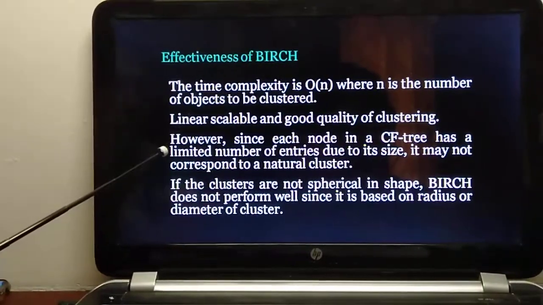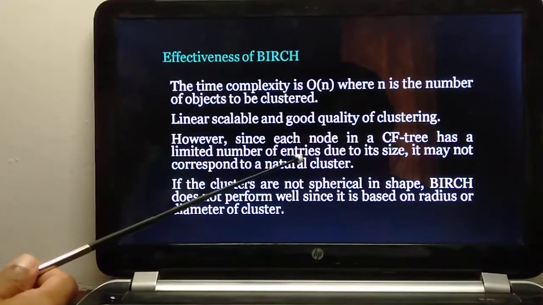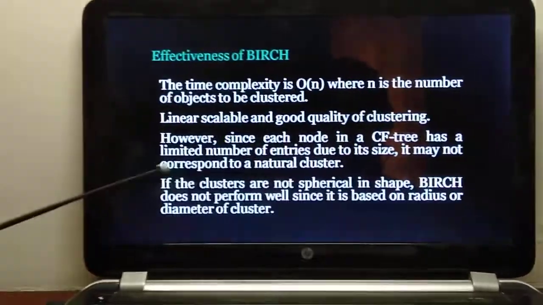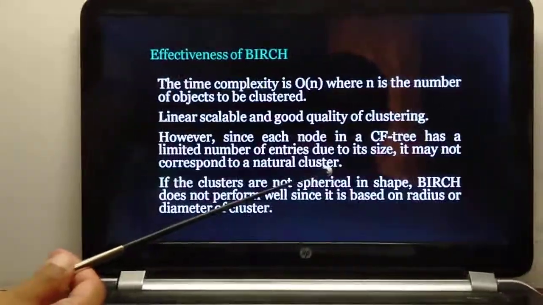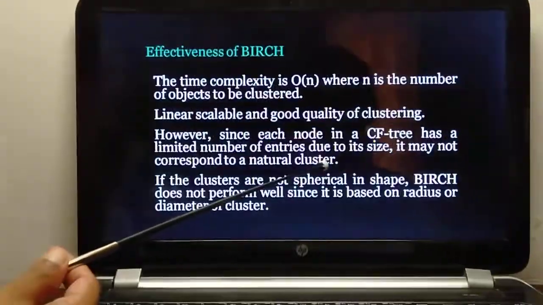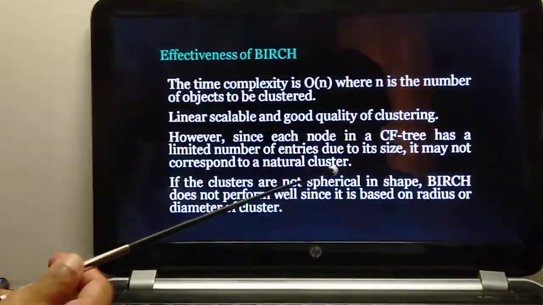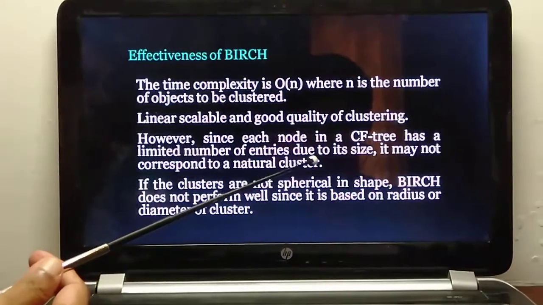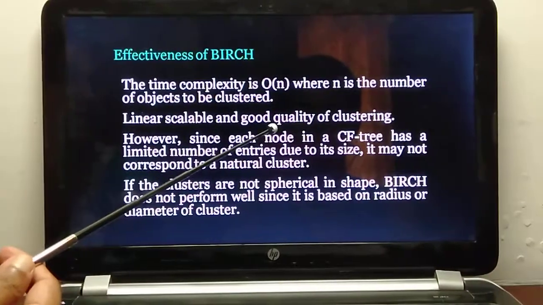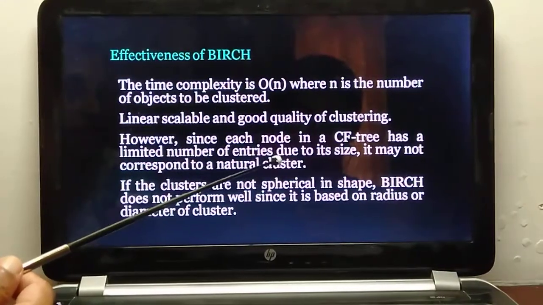The problem is that since each node in the CF tree has a limited number of entries due to its size, it may not correspond to a natural clustering because we are fixing the diameter. Maybe in the natural clustering, the diameter is not what we have fixed as T. So it may give you a skewed clustering, but the assumption is that we get good quality clustering because we fix T based on domain knowledge.